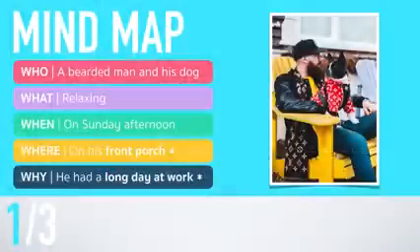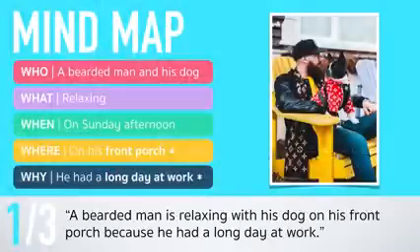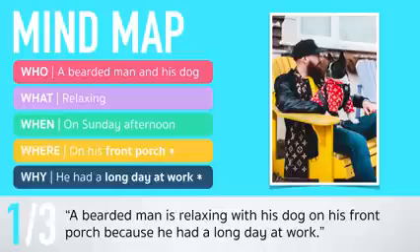So now I have all my bits or chunks of information. I've organized my thoughts using the 5 W's. And now I want to create sentences so that I can speak in English. So let's see what our sentences look like. Here we go. A bearded man is relaxing with his dog on his front porch because he had a long day at work.